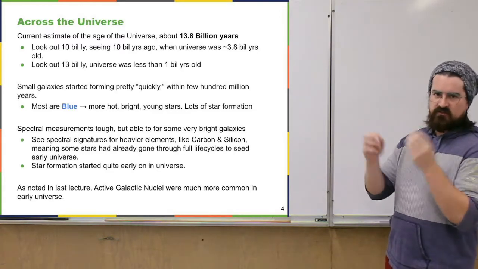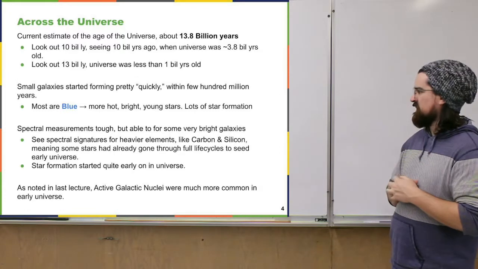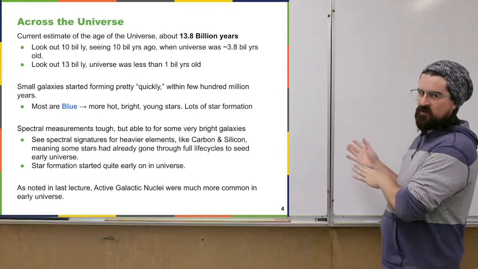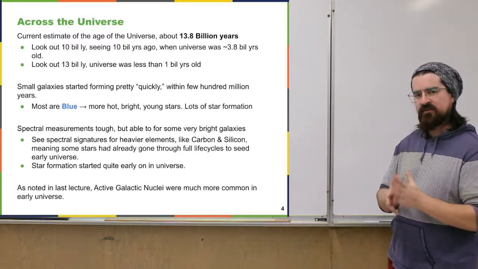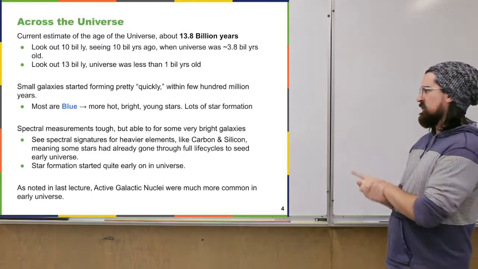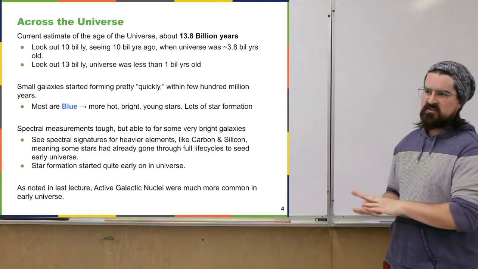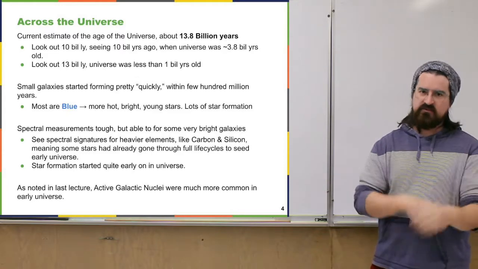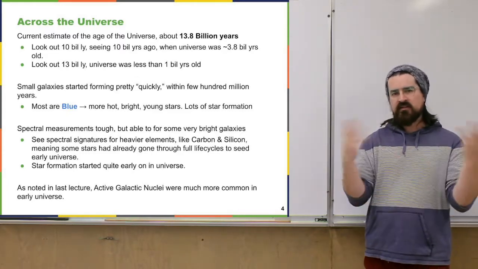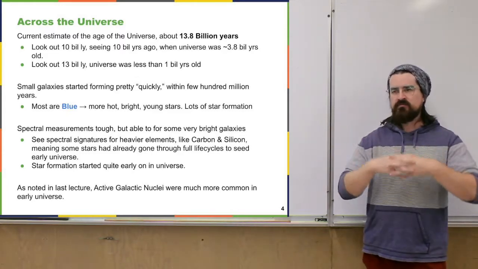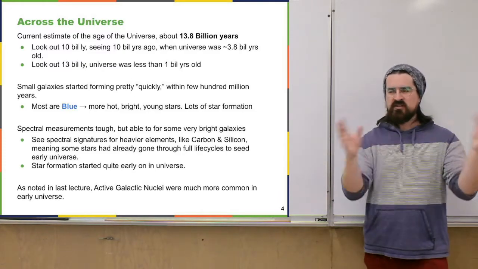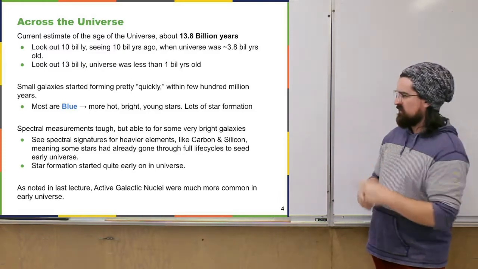Hydrogen to helium, helium to carbon, oxygen, so forth. So if we look really, really far away, really early on in the history of the universe, and we still see some of these heavier elements, it's telling us that even before that, even earlier on, stars were already forming and going through whole life cycles and blowing up and seeding the early universe with these heavier elements.